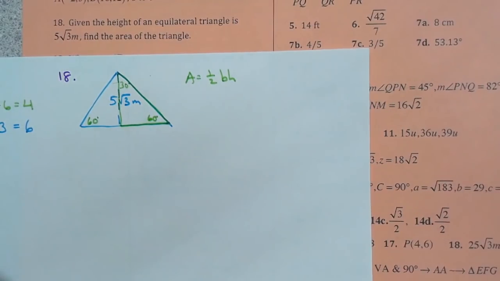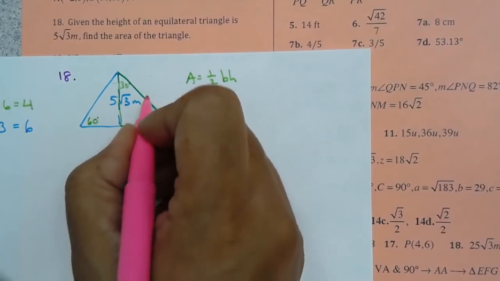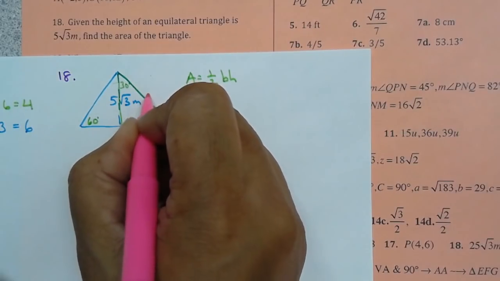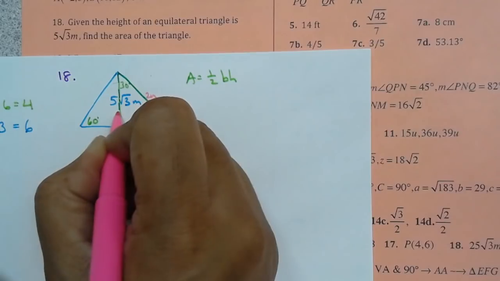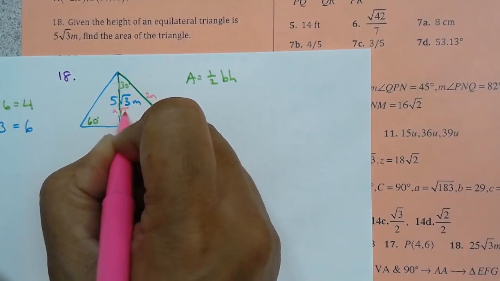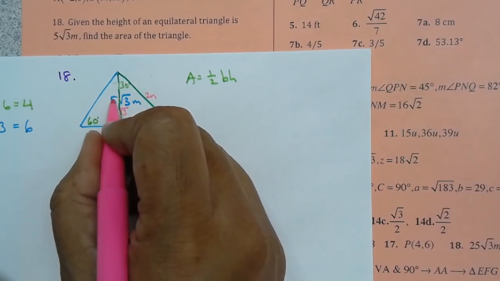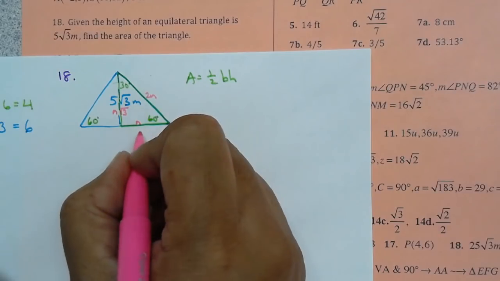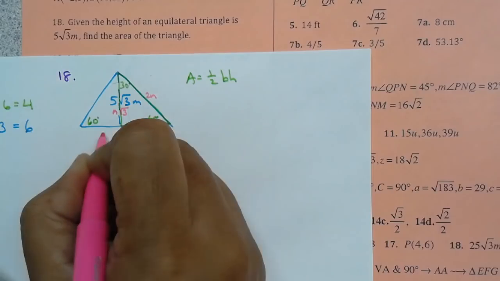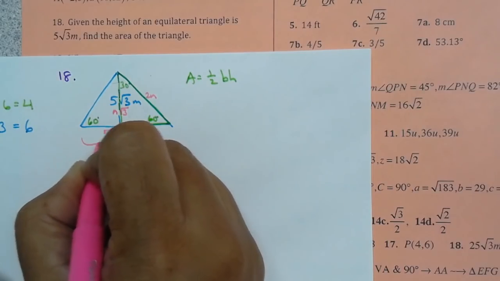So remember the side lengths for this are n, this side is 2n, and this side is n root 3. Well, if I know the side is n root 3, then I know n is 5. So if this length is 5, that means this side is 5 for a total of 10.